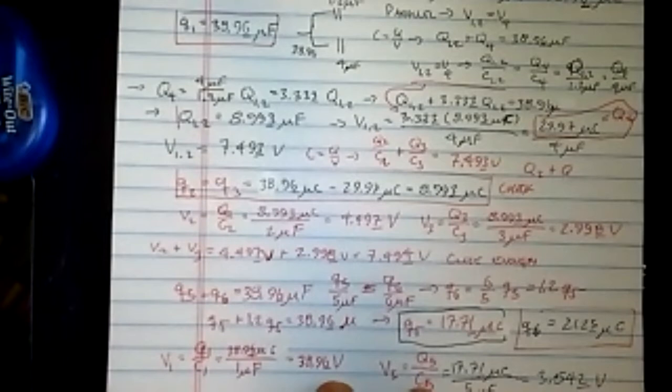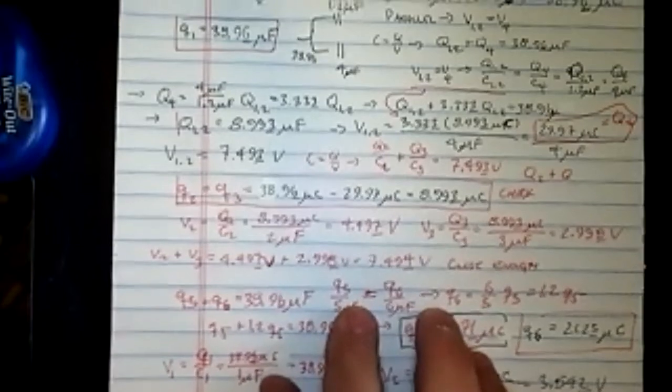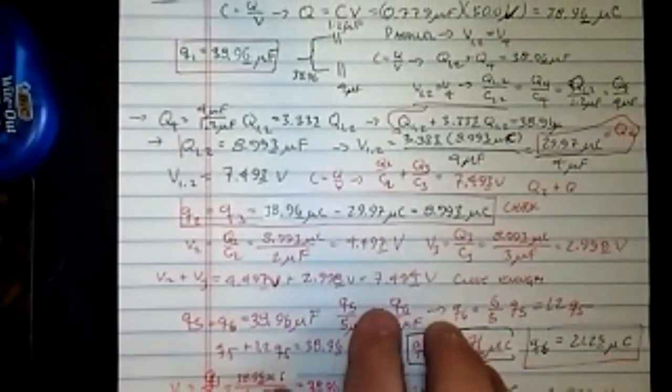C equivalent. I should find a 0.779 times a 50 somewhere. I know I wrote it somewhere. Should be 38 something.